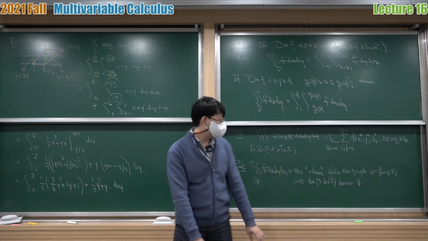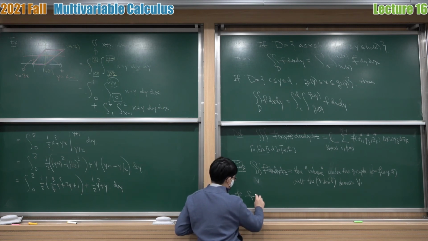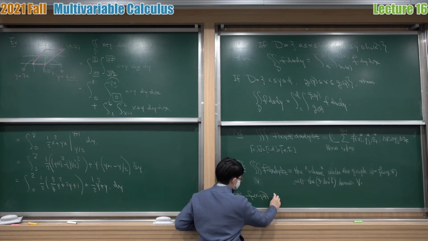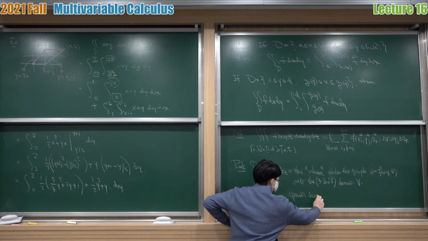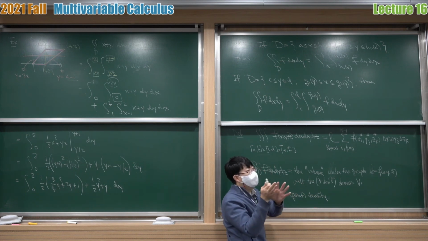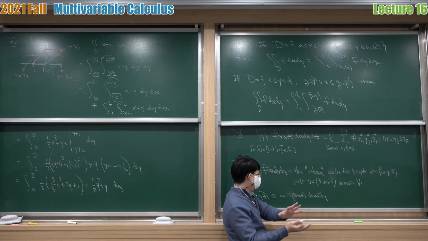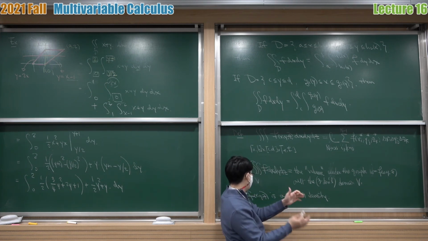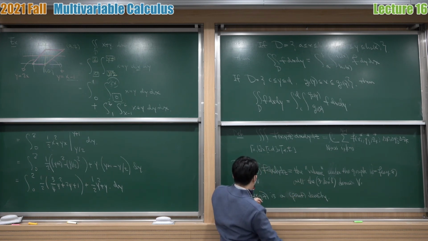So let's give some special situation. If f(x,y,z) is a point density, so usually density has a unit like kilogram over meters cubed, we can measure the density at a small point and represent it as a function f(x,y,z).